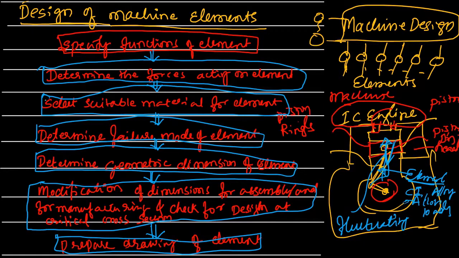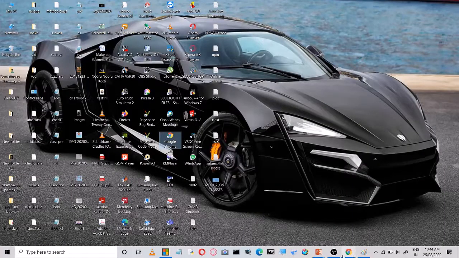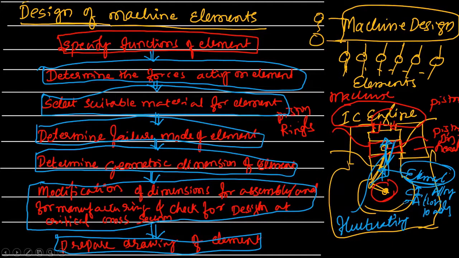Using all those, you can find out the dimensions of the connecting rod. This is how the design of machine elements takes place. This is the overview of machine design as well as design of machine elements. Next, we will start the syllabus.